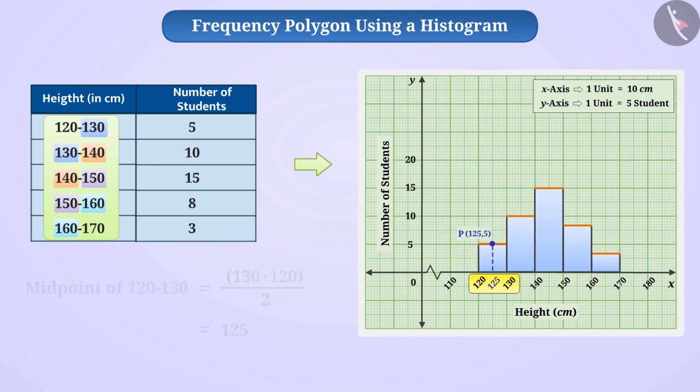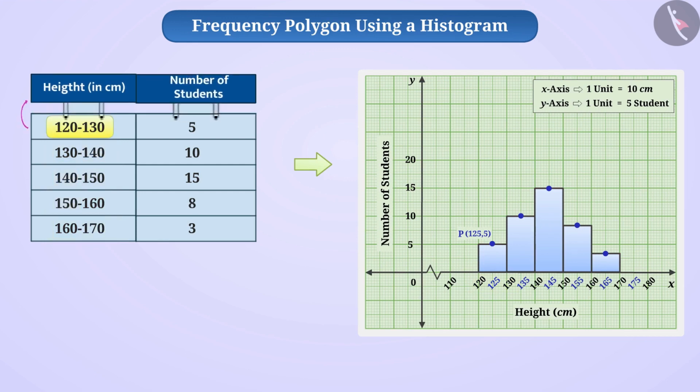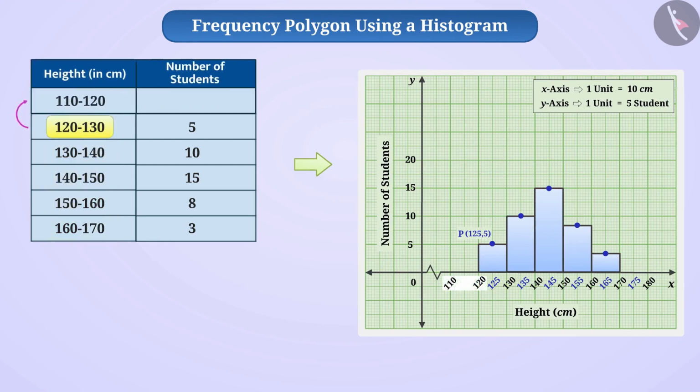Similarly, we will find the midpoints of the upper sides of all the rectangles. We assume that the class interval before 120 to 130 is a hypothetical class interval of 110 to 120 with a frequency of 0. That is, the height of no student is in this class interval.